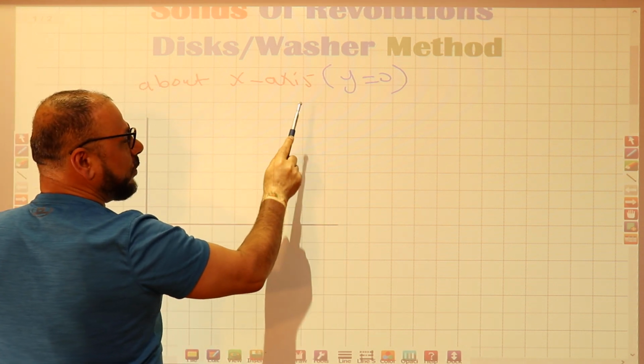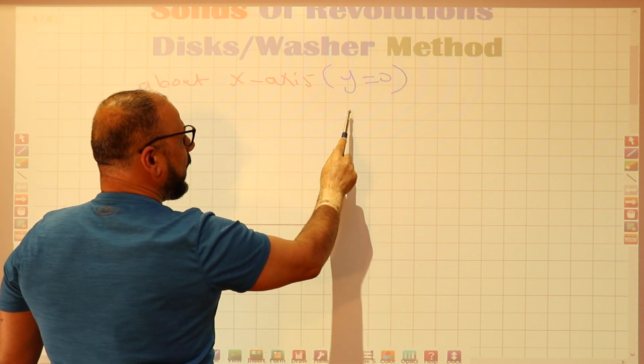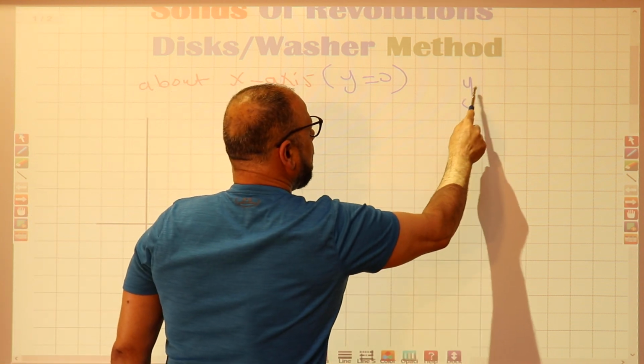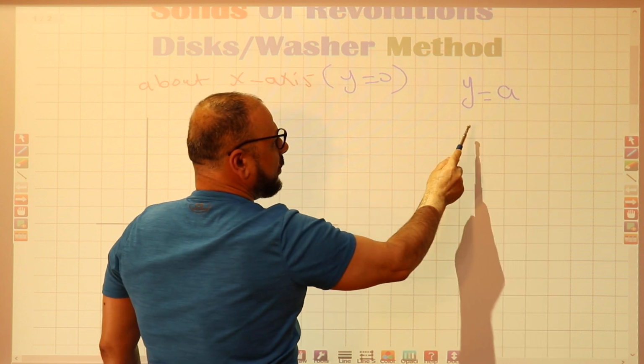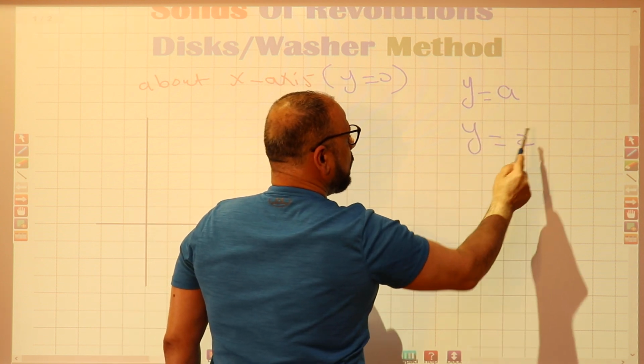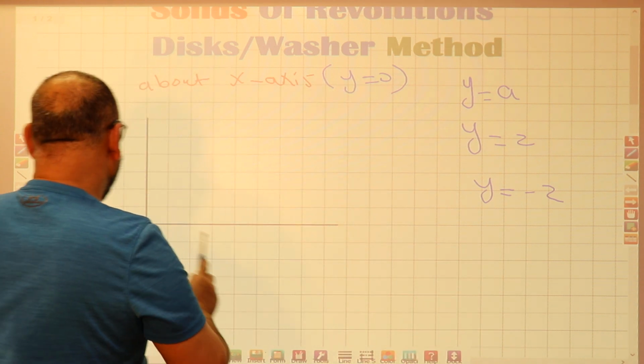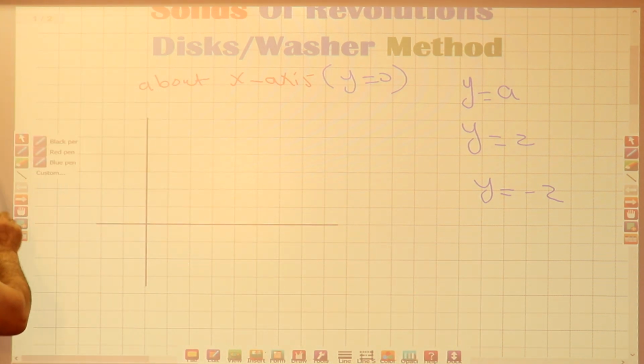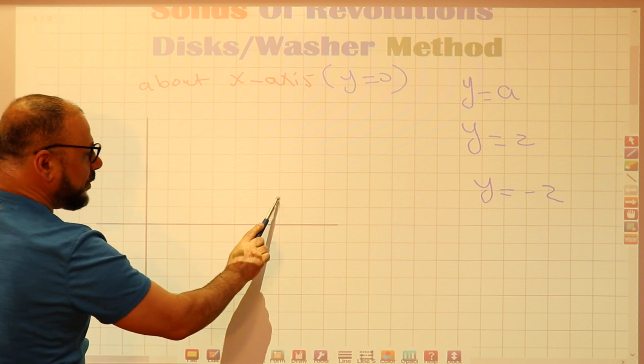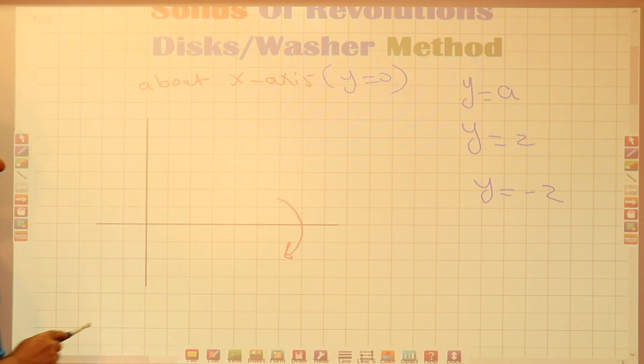Any line parallel to the x-axis will be y equals a, where a is a constant, could be 2, could be -2. Then our revolving will be around the x-axis like this.